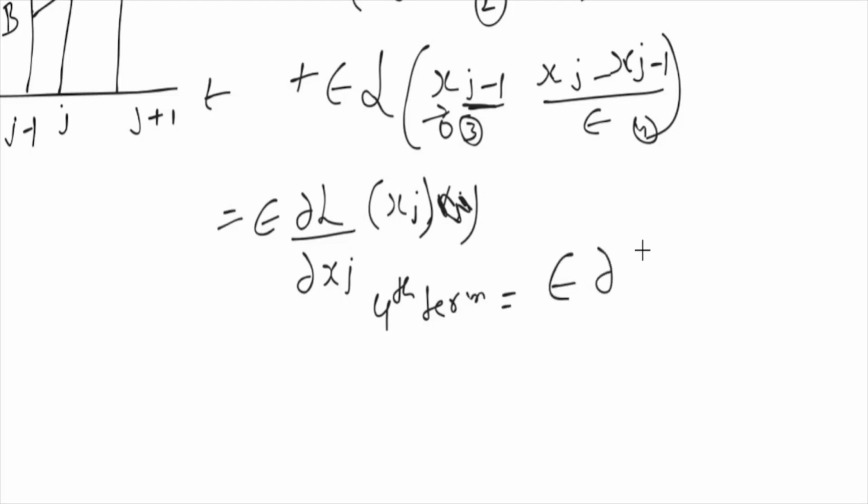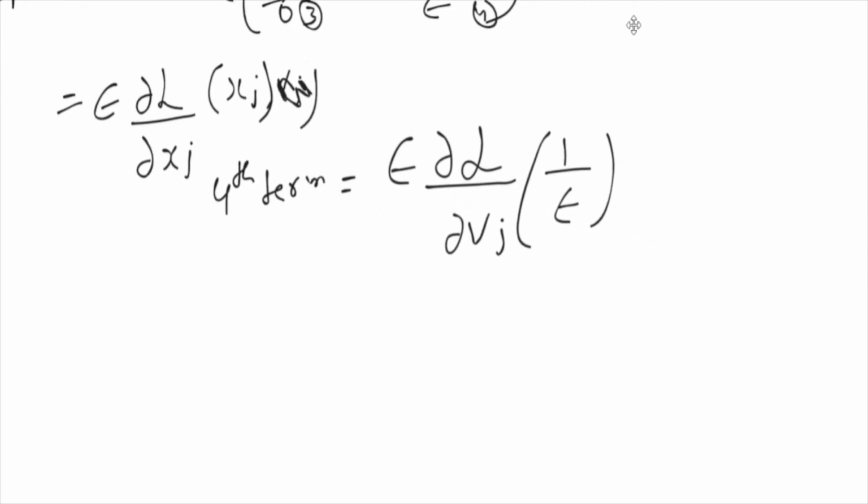epsilon, this upon Vj, 1 upon epsilon. Now why does this term come? Why here Vj, 1 upon epsilon? It is just like this.